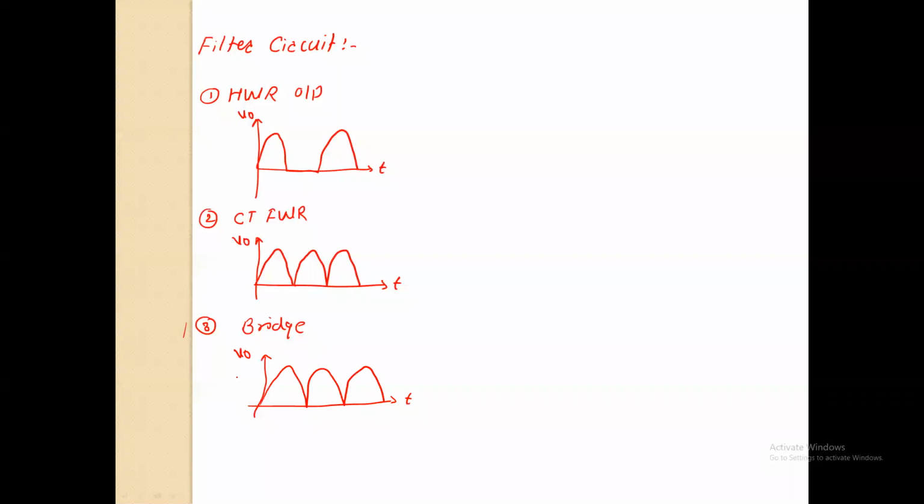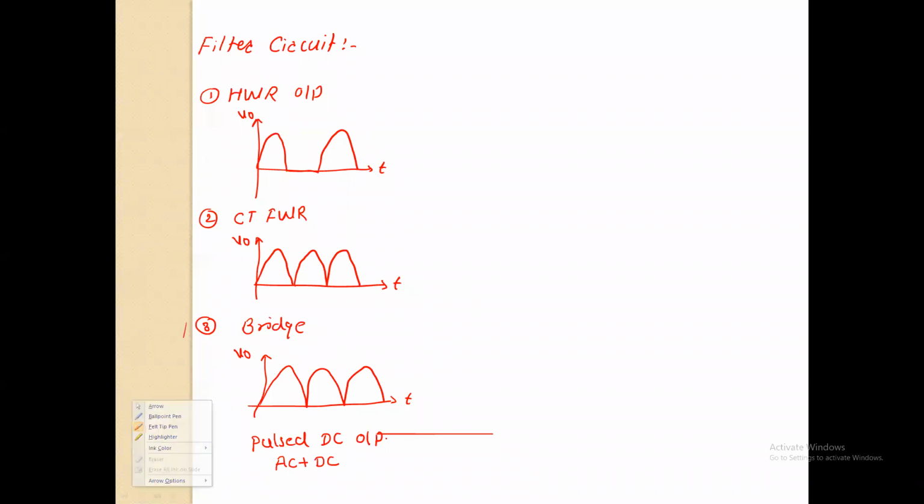If you see the output of all these three types of rectifier circuit, you never say that it is a pure DC signal, but you can say that this is the pulsed DC output. Is it right? And pulsed DC output means that the output of the rectifier circuit contains AC component as well as DC component.